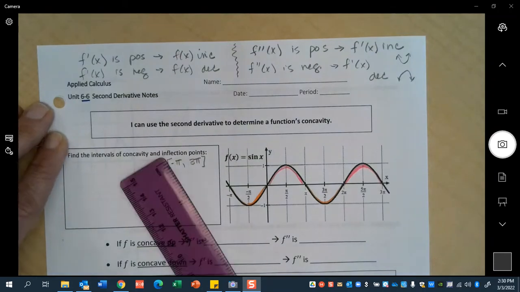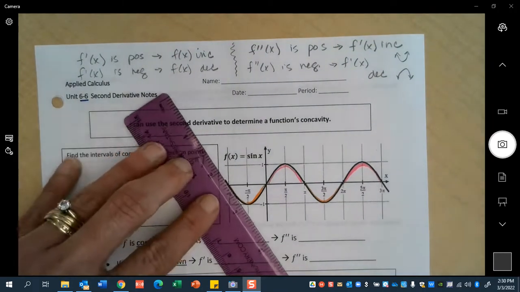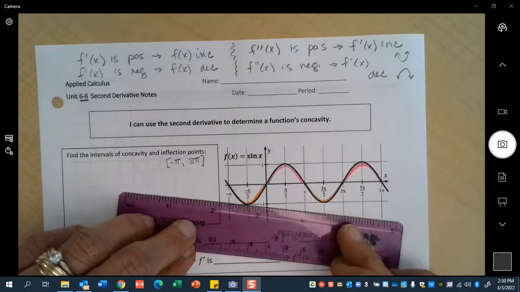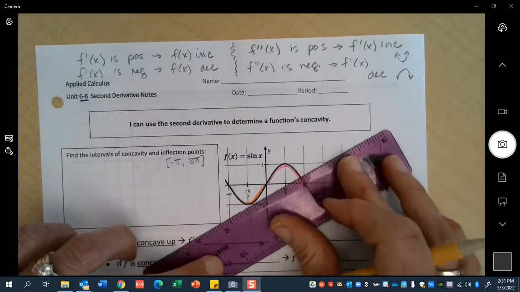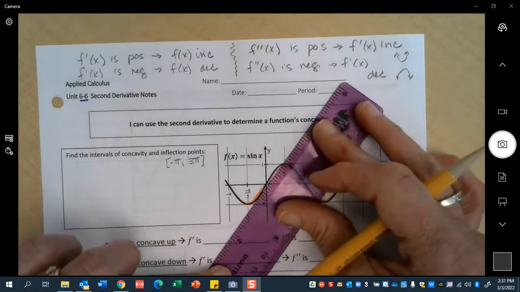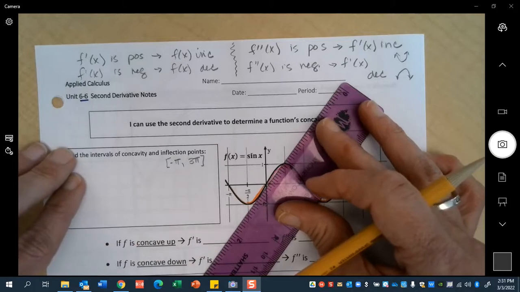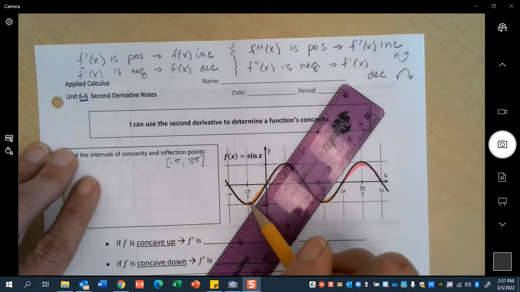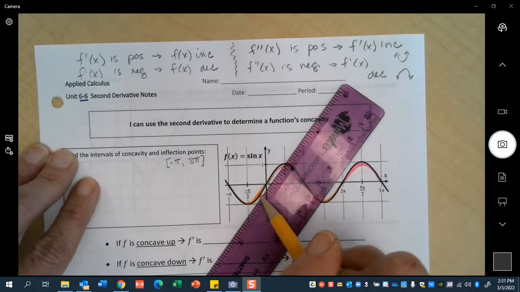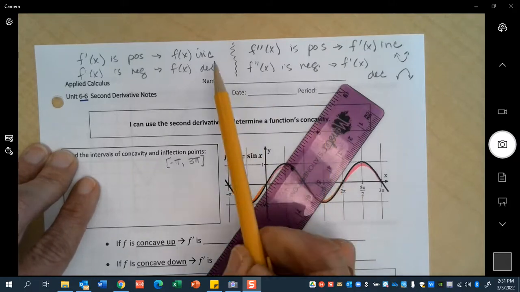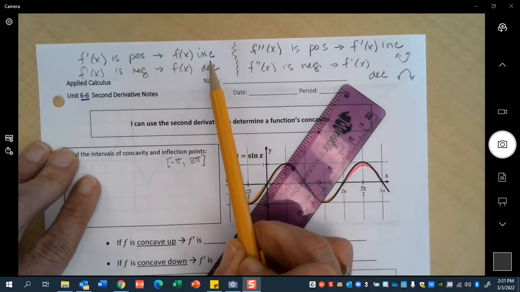So coming back to our sine graph, I have a negative, moving positive, moving more positive, which means that during this part of the graph, I have a positive tangent, and that's when my function is increasing.